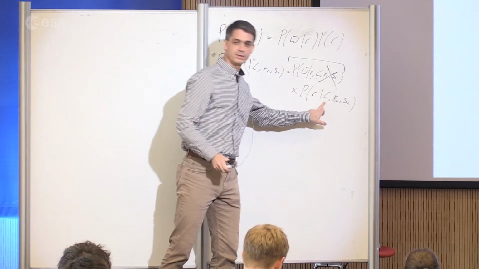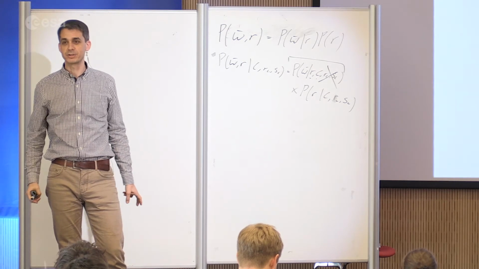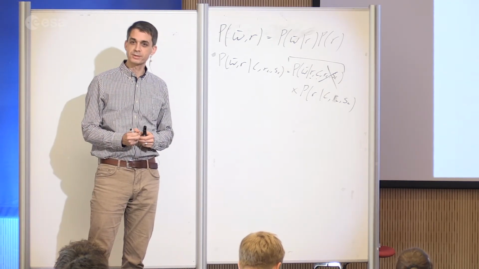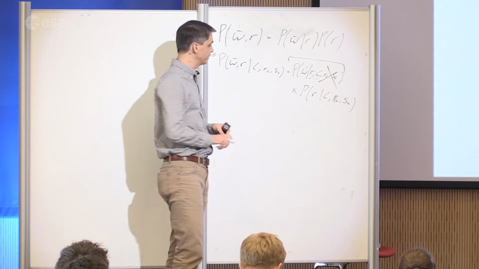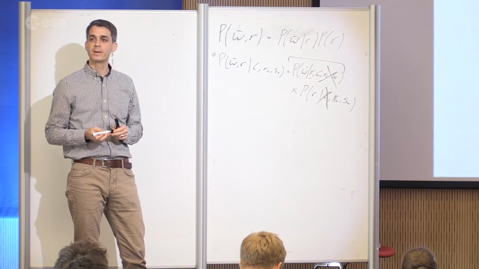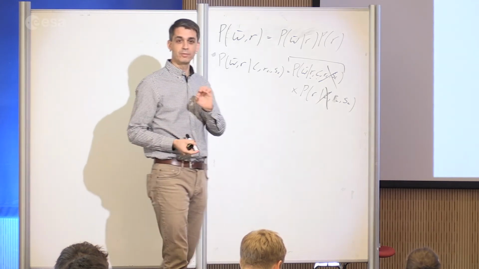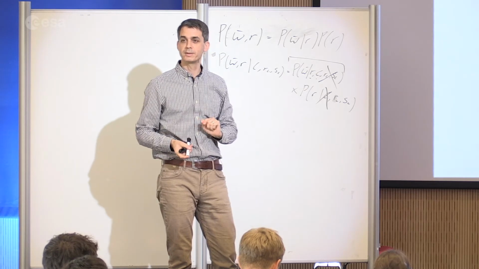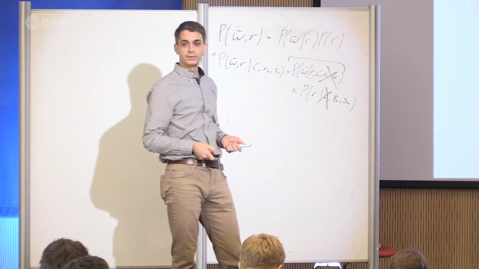But it certainly has nothing to do with what some satellite orbiting the Earth happens to measure the precision of the parallax to be. That doesn't change the true distance, unless you have some very bizarre understanding of reality. So we can use conditional independence to get rid of the dependence here. Conditional independence is extremely powerful. These three things, marginalization, product rule and conditional independence, are often what you use to write down your likelihood in terms of simple things.